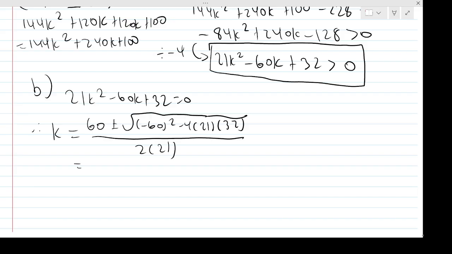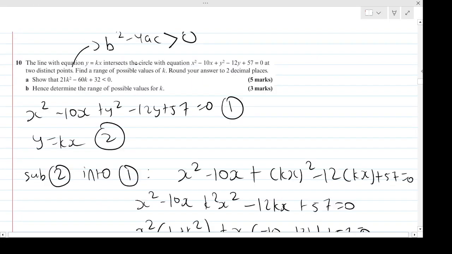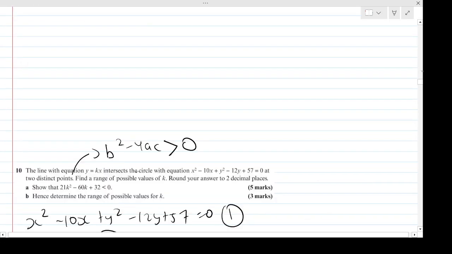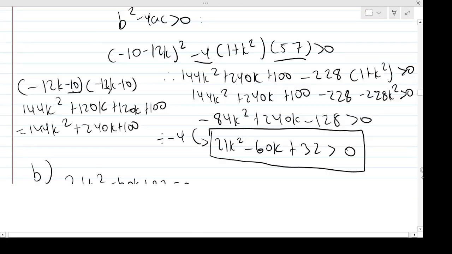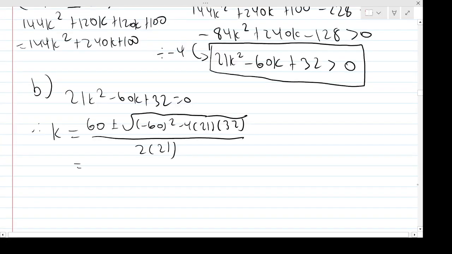You get a nasty fraction. Round your answer to 2 decimal places. Okay, I'll tell you what, I'll write down the exact answer. So k gives me 30 plus or minus 2 root 57 over 21.